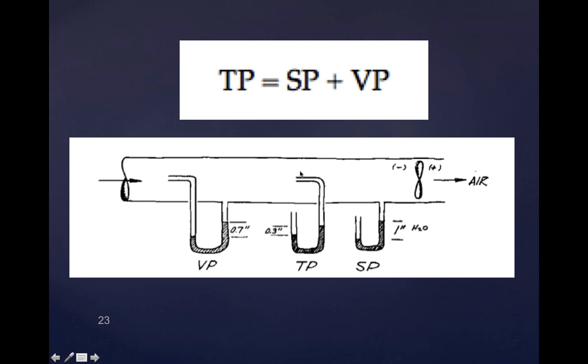It's being sucked up -1 inch, but at the same time, the air movement in this direction is pushing it back down. But it's not pushing it back down completely. It's pushing it back down so that it's still -0.3 inches, right? So how high must that pressure that's pushing it down be? It must be a plus 0.7.